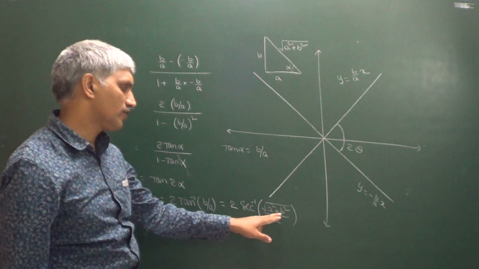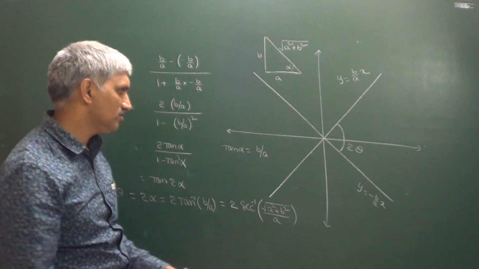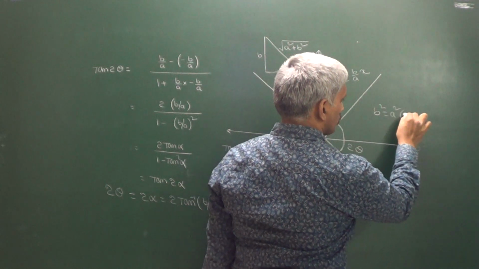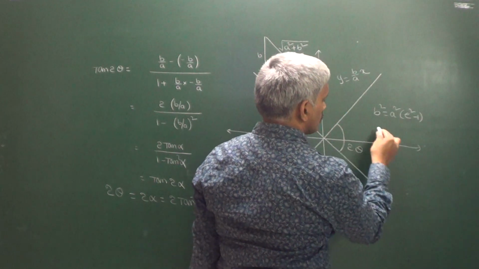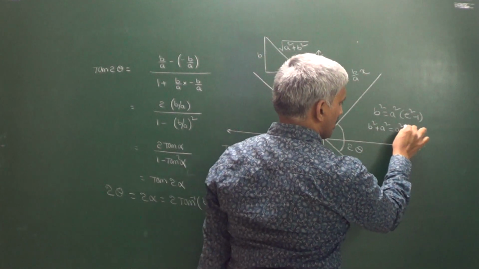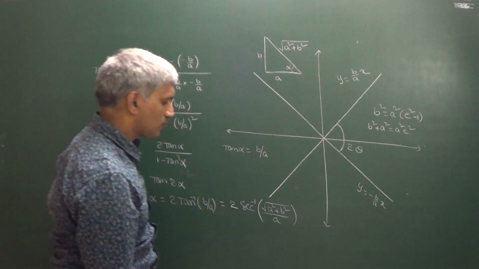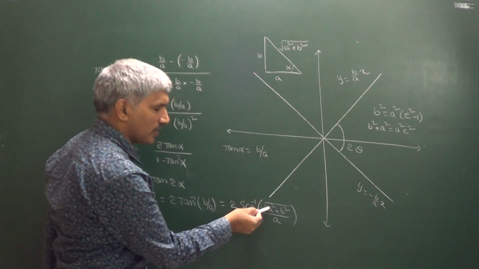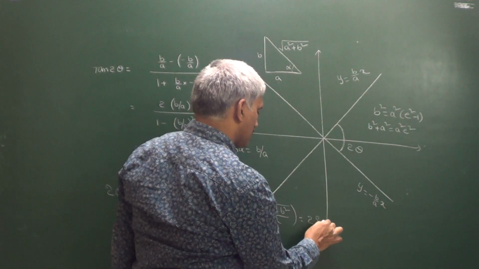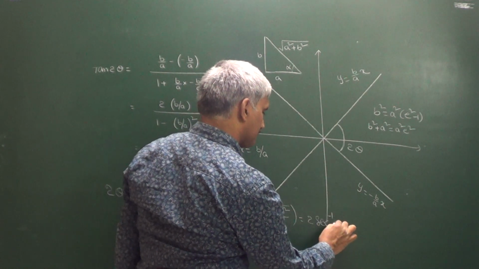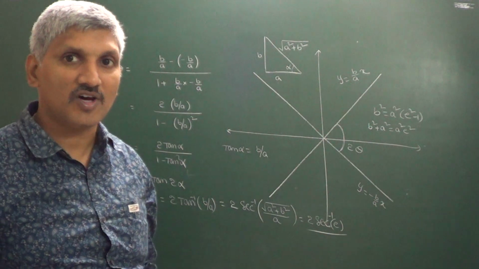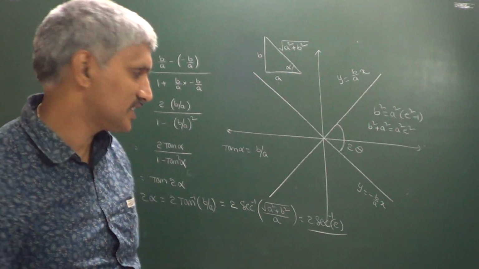Now, because this is the condition, you know b square is equal to a square into e square minus 1. So I can write b square plus a square is equal to a square into e square. So here, a square into e square, a cancels, and we are getting 2 times secant inverse of e.